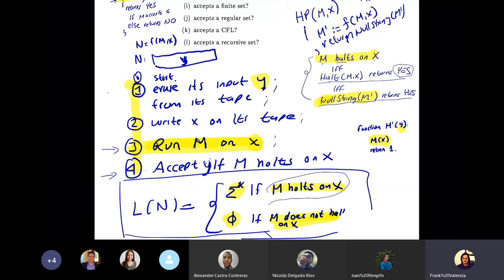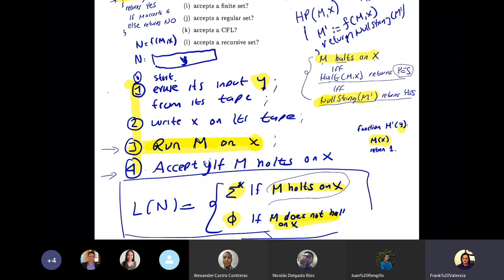So if M halts on X, you will accept the Y. If M doesn't halt on X, you will not accept any Y. So if M doesn't halt on X, the language of N is going to be the empty set. And if M halts on X, then the language is going to be sigma star, every sequence.